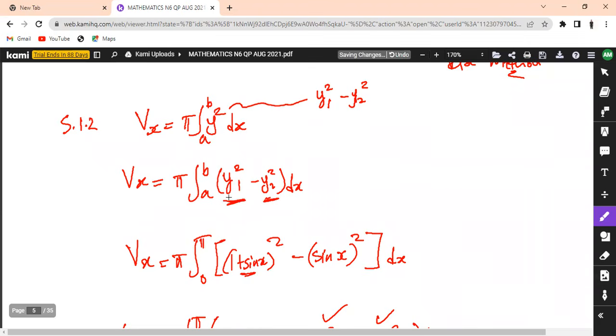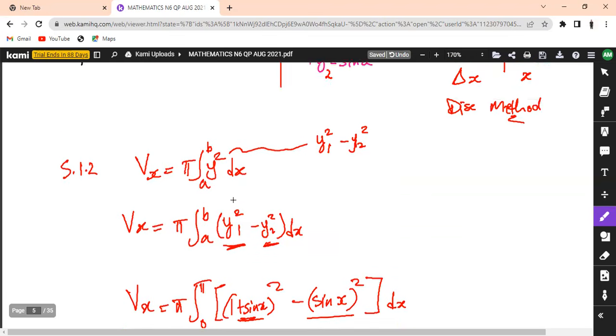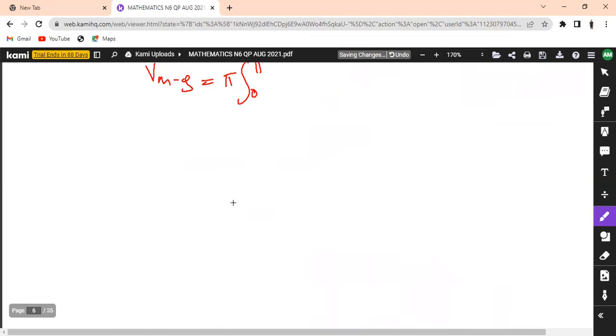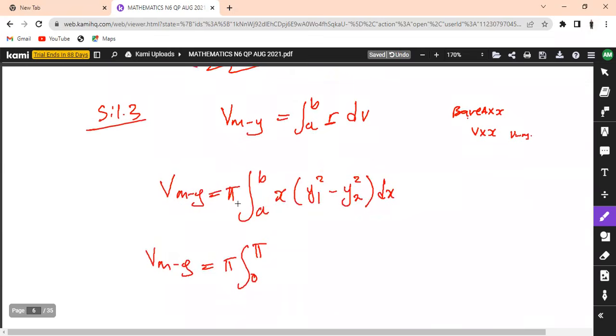So we are going to repeat this stage here. All right, we're just going to repeat that stage, but this time there is x. So it's going to be x into 1 plus sine x squared minus sine x squared.